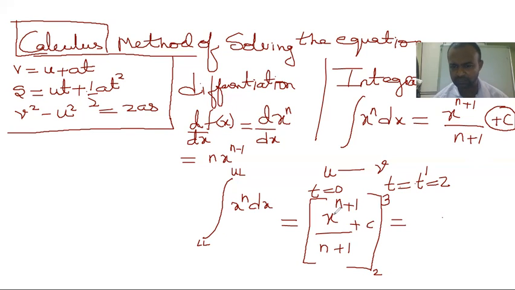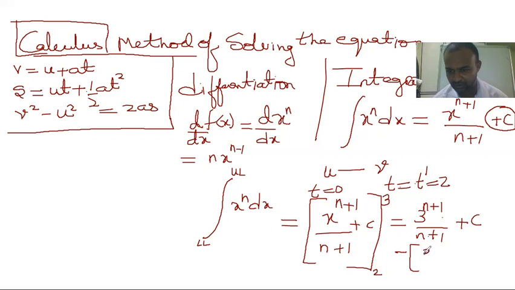When you substitute the upper limit, you get 3 power n plus 1 divided by n plus 1 plus c, minus bracket open.